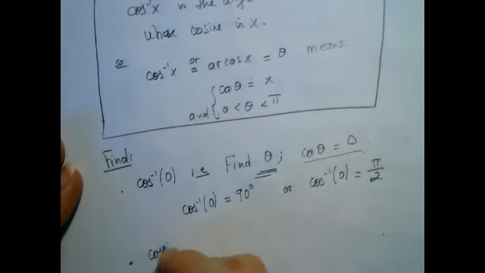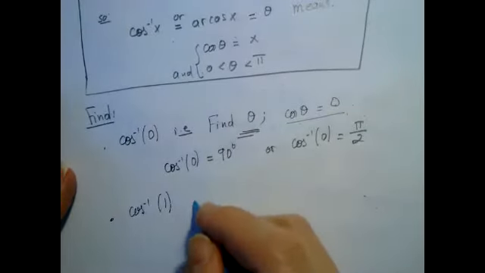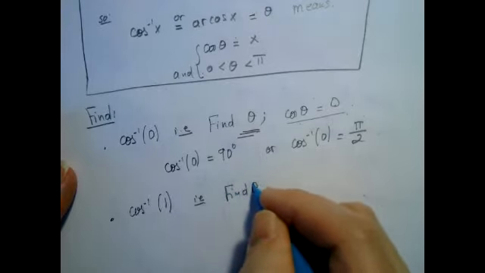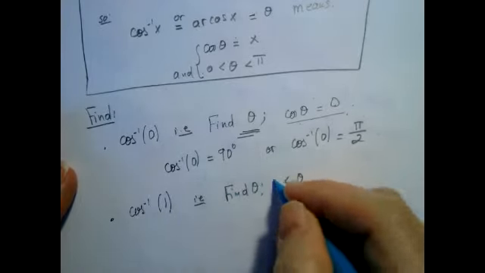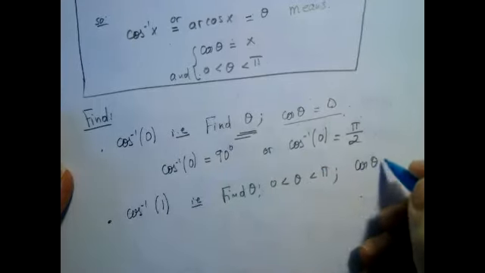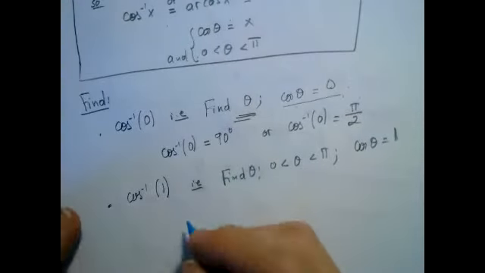Again, what's the cosine inverse of 1? No calculator. It means, what's the angle between 0 and pi such that the cosine is equal to 1? That's what it means, cosine inverse of 1.